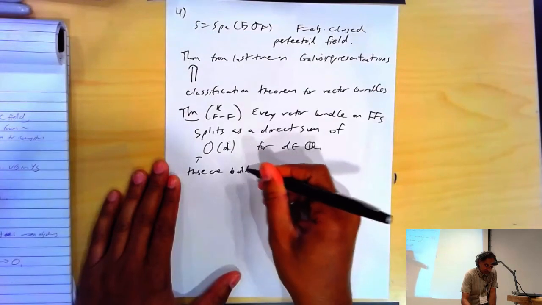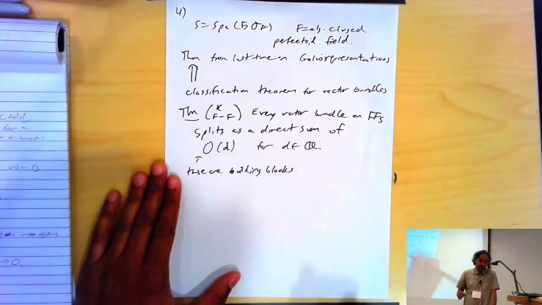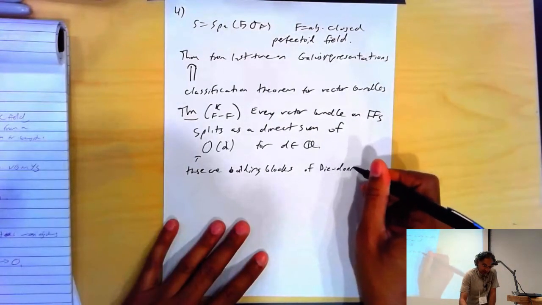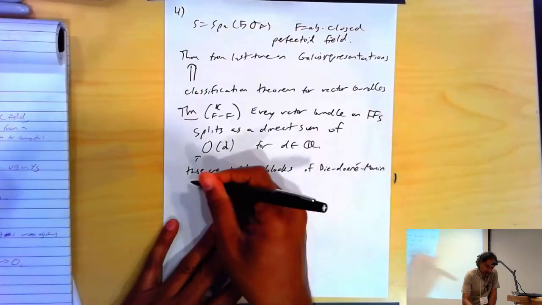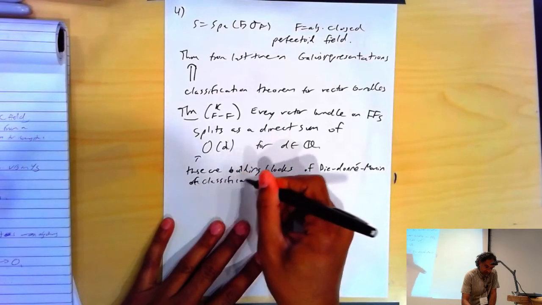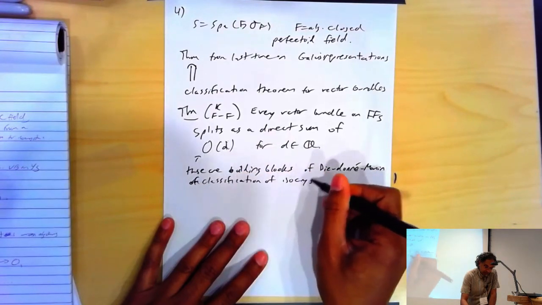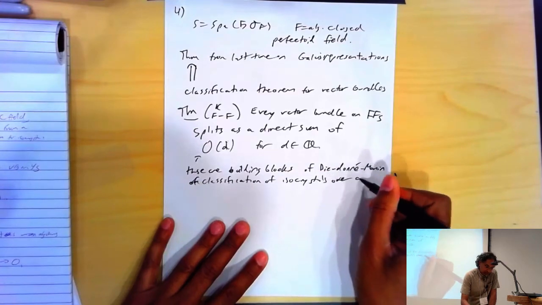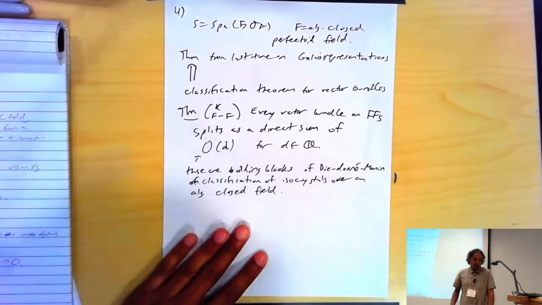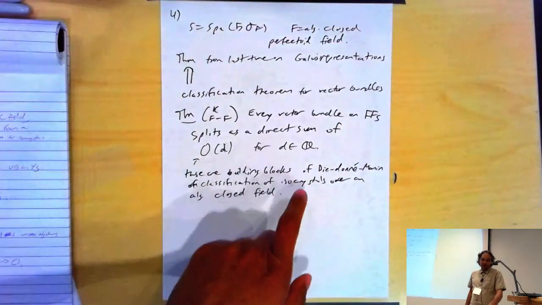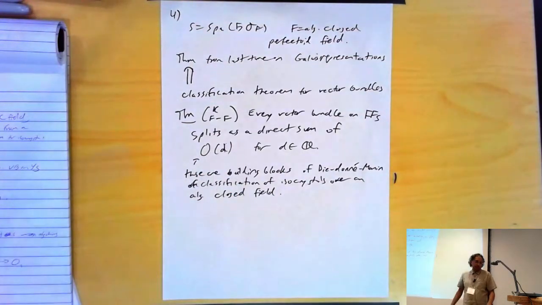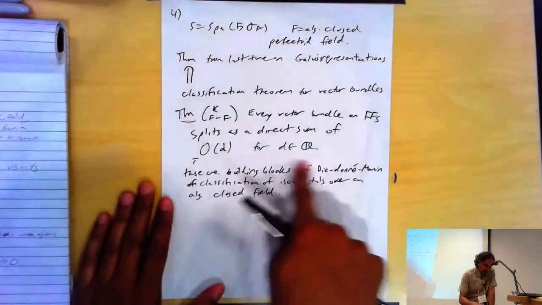You might not be surprised by this if you think about the Dieudonné-Manin classification of isocrystals over an algebraically closed field. Again, you have a theorem that says those objects split, but the basic objects are not just rank 1 objects, they're also these higher rank building blocks parametrized by rational numbers.